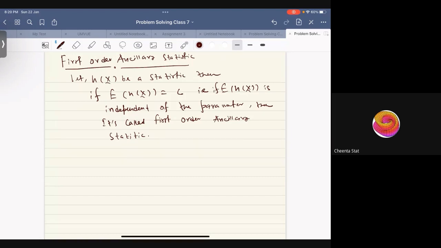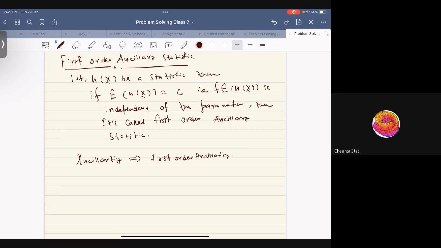So I am giving you some examples. Basu's theorem I'm writing here. One more thing: ancillary T implies first order ancillarity, right?